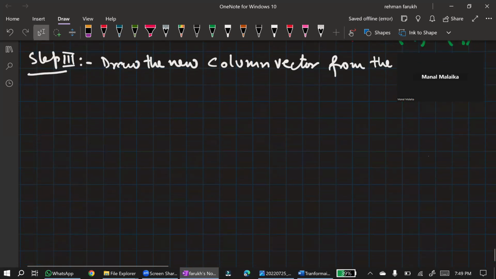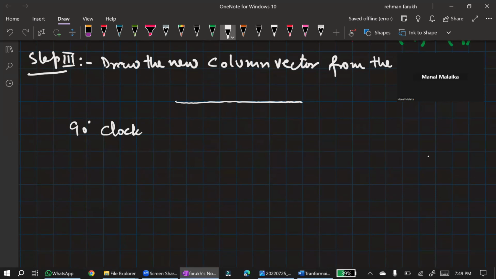Now I will write down the different transformations. For 90-degree clockwise, the vector transformation is (x, y) to (y, x), and we will change the sign of x.